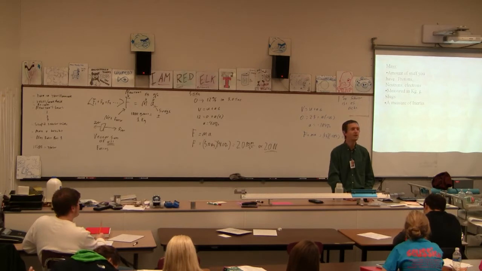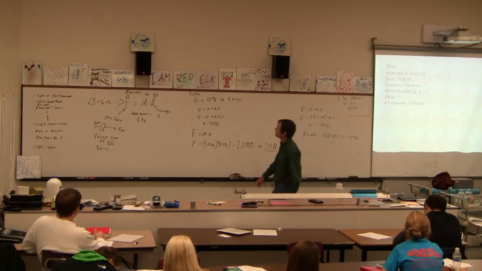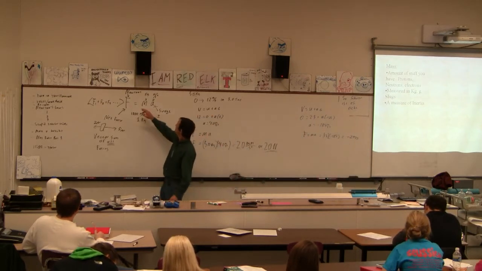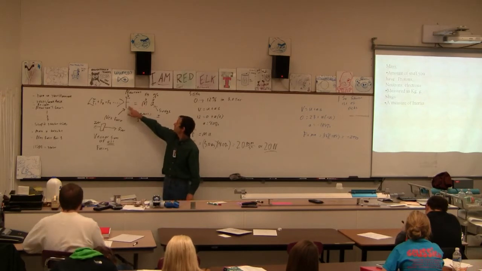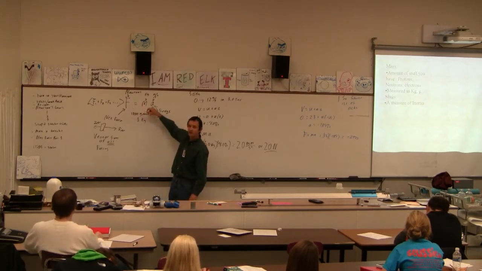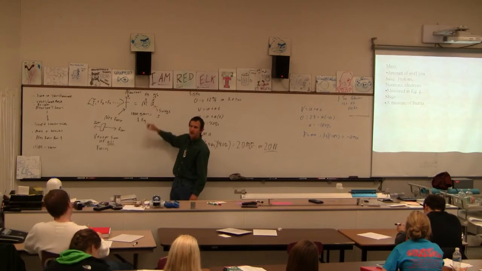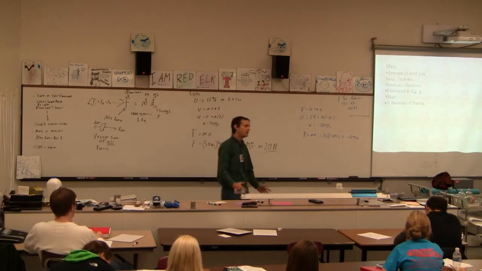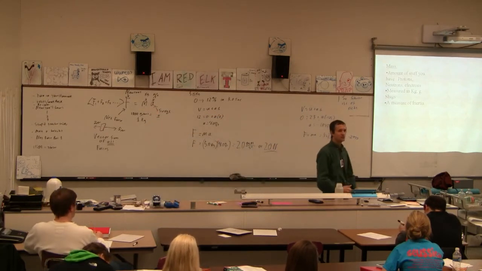Let me say that again. You're exerting more force on it, and it's accelerating at much less of a rate. So is it a bigger mass, or is it less mass?